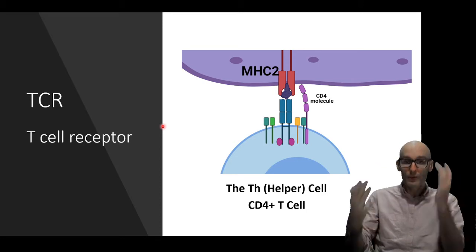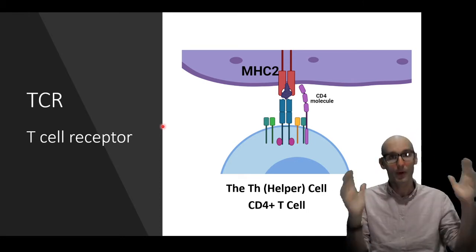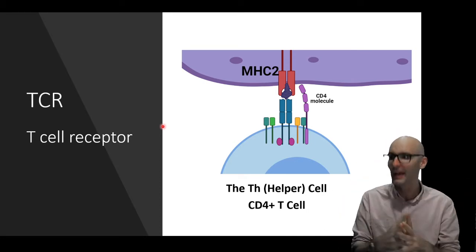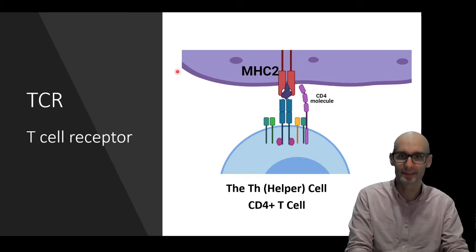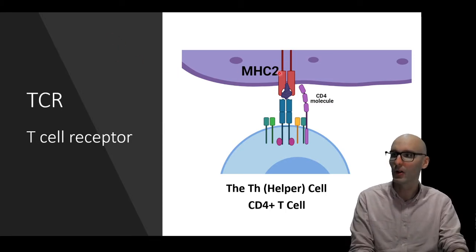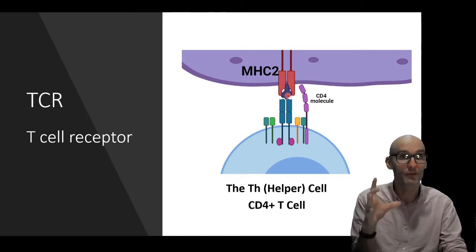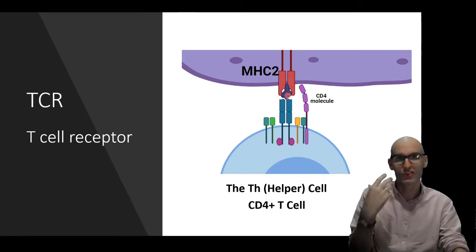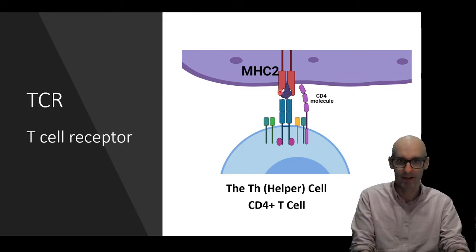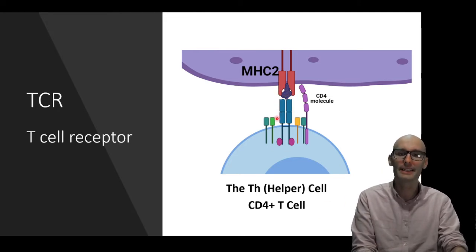So the first signal that we need for any T helper cell induction type is the MHC2 signal. Here we have the MHC2 molecule on an antigen presenting cell. It's presenting an antigen which came from that mucus or secreted compounds from that parasite, and it's binding to a T cell receptor here.